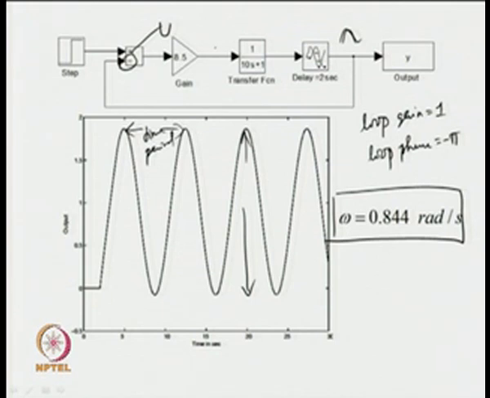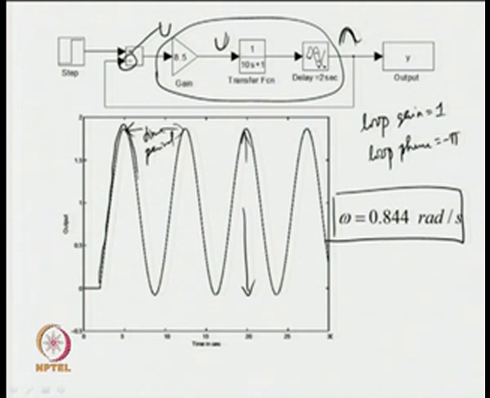Then the same output goes over here, and we get another 180 degree phase shift by the loop. So, this controller and plant give us a phase shift of minus pi, and due to that, it again gets inverted. That is why we get a sustained oscillatory output from the system when the loop gain is equal to 1 and the loop phase is equal to minus pi.